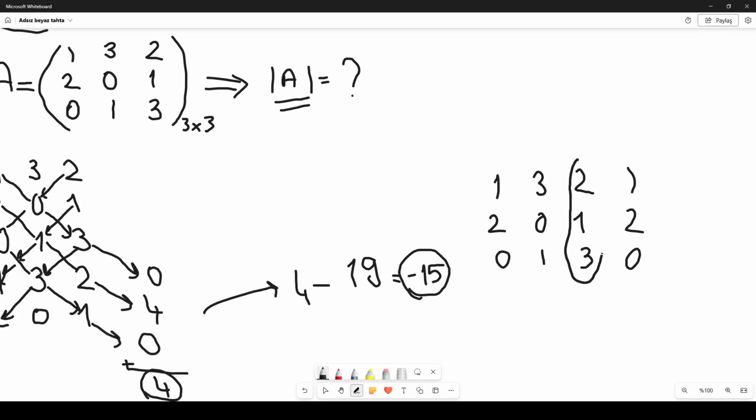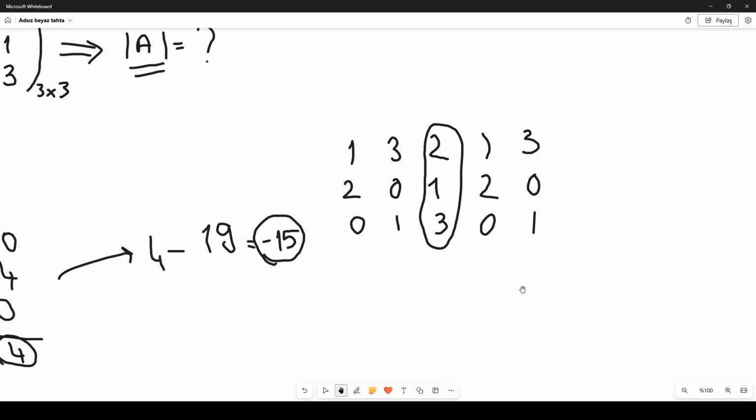You see, 2, 1, 3 is the last column of the matrix A given in this example, and I put the first two columns on the left to the right of the matrix. And one more, I put 3, 0, 1 right over here, and again I apply a multiplication and summation strategy this time.